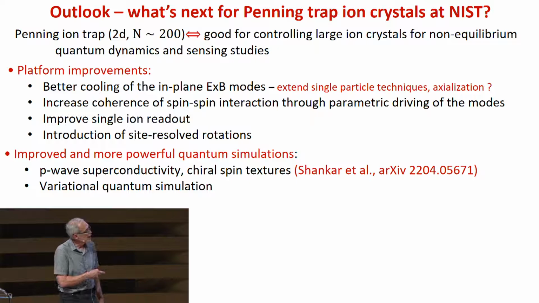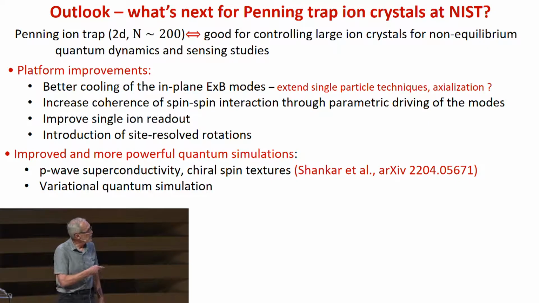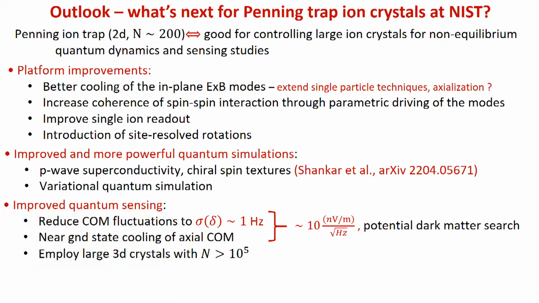I'd like to highlight this paper from Athreya Shankar and Ana Maria, where they show how we can explicitly take advantage of the rotation of the ion crystal to generate chiral spin textures and simulate certain aspects of p-wave superconductivity. And then with quantum sensing, we'd like to extend this work to 3D crystals. So thank you very much for your attention.